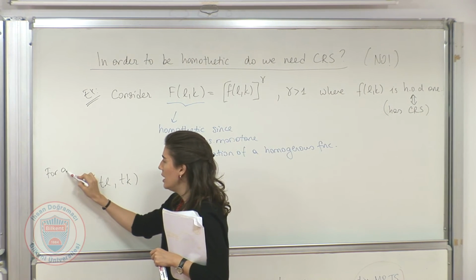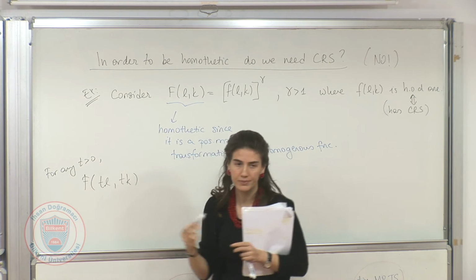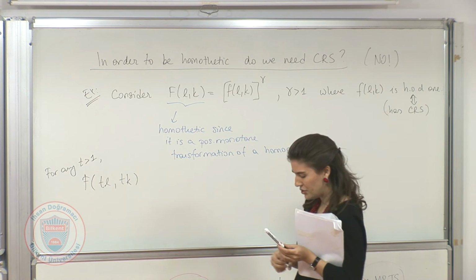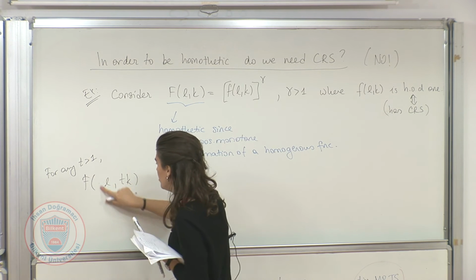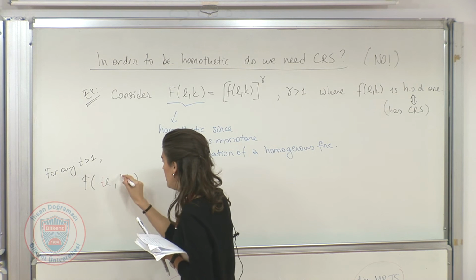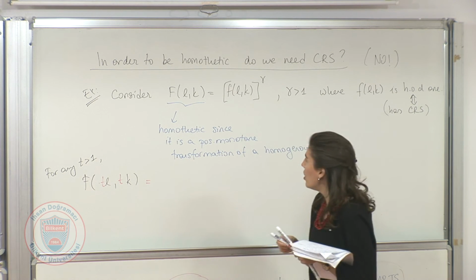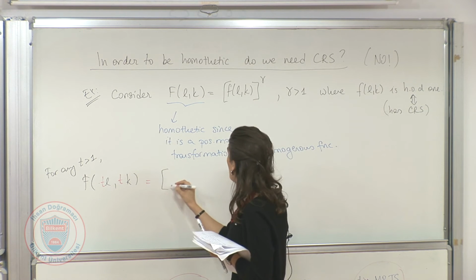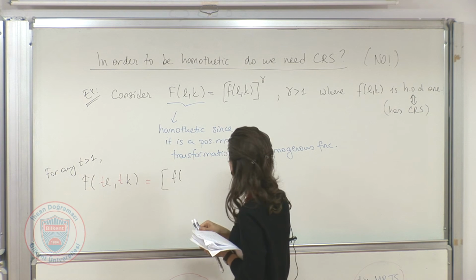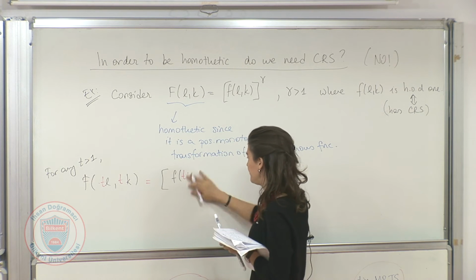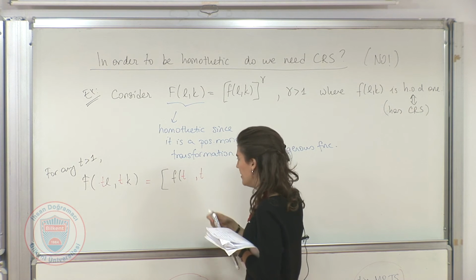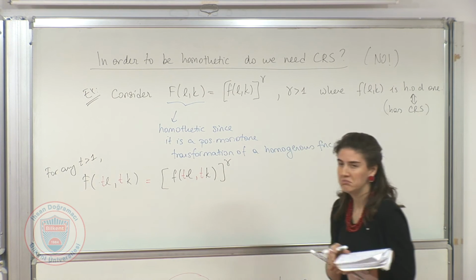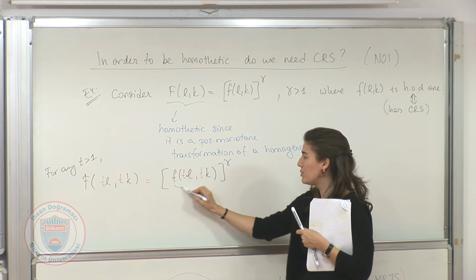For any t greater than 1. So I write F of tL, tK, if this is the function, is like this: F of tL and tK, to the power gamma.